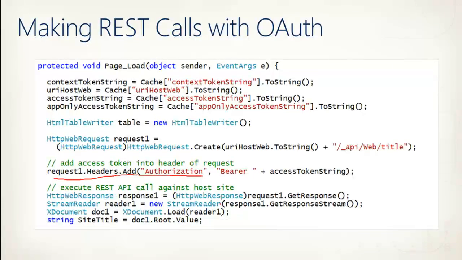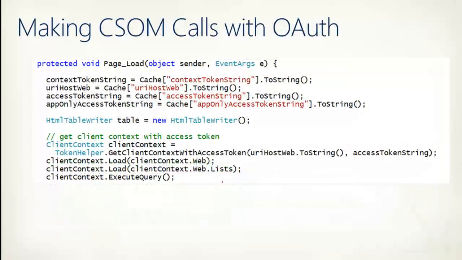I add the authorization header, and then at the beginning of the authorization header, I put in bearer space, and then I put in the access token, and then I basically just make the calls, and the access token flows across with it. When I'm doing CSOM calls, it's actually easier. I basically just call get client context with access token, and it automatically caches the access token and basically adds it the same way, in the header as it calls across the network.